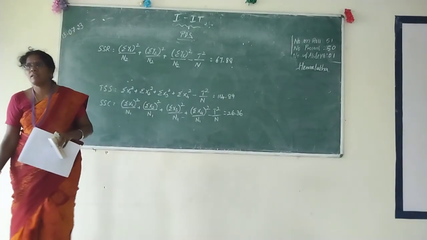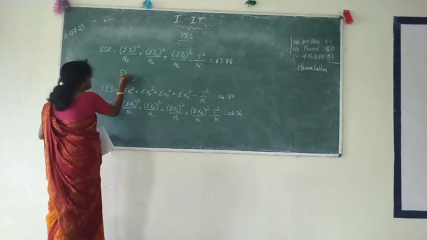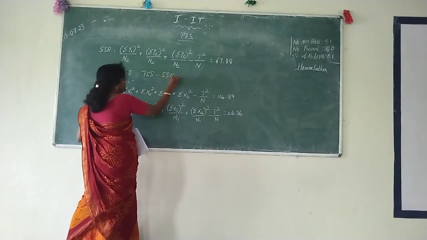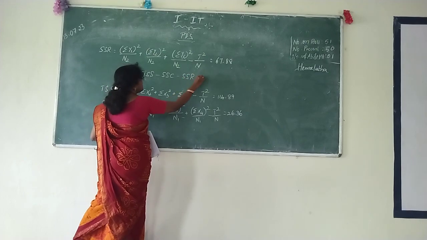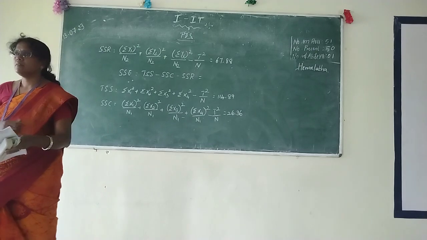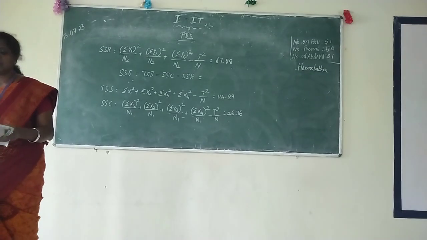Then find the error SSE. So SSE equal to TSS minus SSC minus SSR. Find what is the error value.